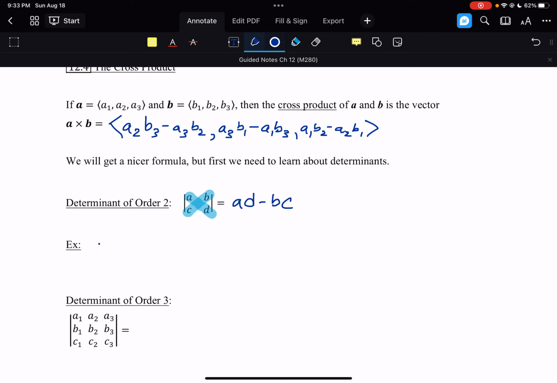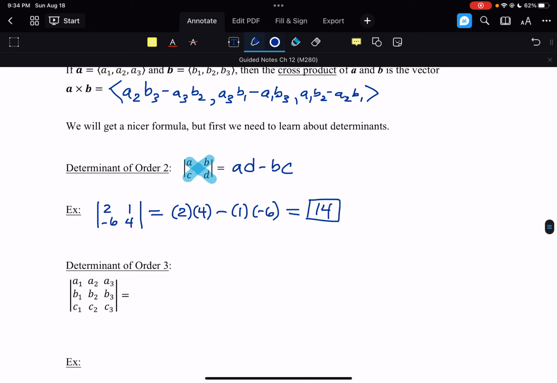For example, if we had 2, 1, negative 6, 4, and we wanted to compute the determinant, we would go 2 times 4 minus 1 times negative 6. A negative with a negative is positive, so that's 8 plus 6, which is 14. So the determinant of this little 2x2 is 14.